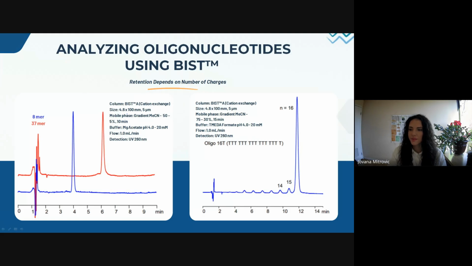The example on the right shows analysis of a 16-mer oligo with all T bases and with shorter sequences present as impurities. As you can see, due to the unique BIST mechanism and gradient, we can separate impurities based on the length of the sequence and the number of charges they have. Therefore, even one charge difference is enough to separate similar oligos based only on the length.